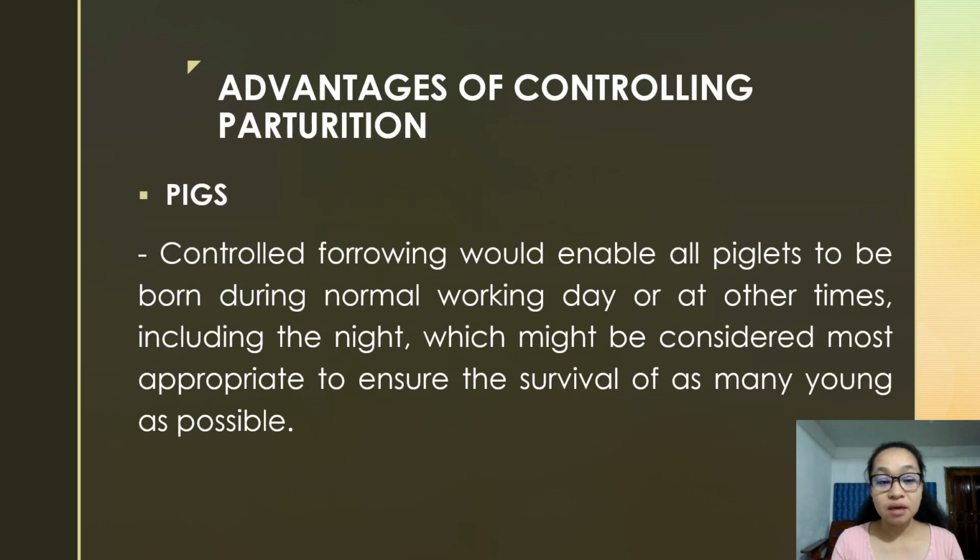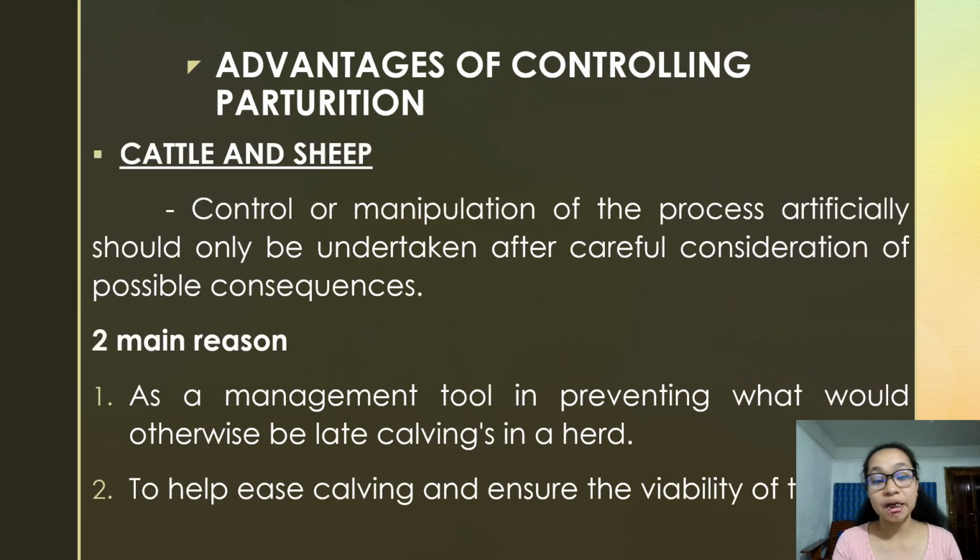Like in pigs, this is the advantage: controlled farrowing would enable piglets to be born during the normal working day or at other times, including the night, which might be considered most appropriate to ensure the survival of as many young as possible.